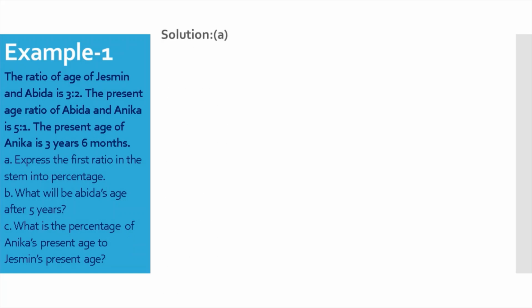Let us see the solution to number A. The first ratio of the stem, as you can see, is 3:2, and the question is to express this first ratio as a percentage. So we have to make 3:2 a percentage. We can write the ratio as a fraction, 3 divided by 2.